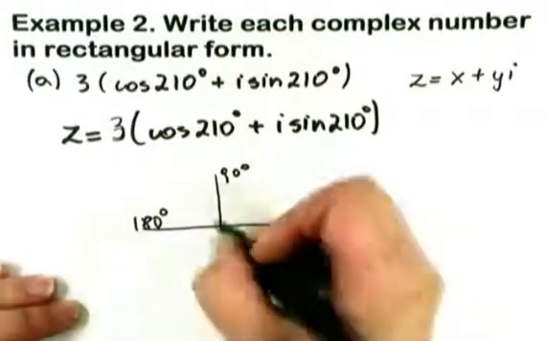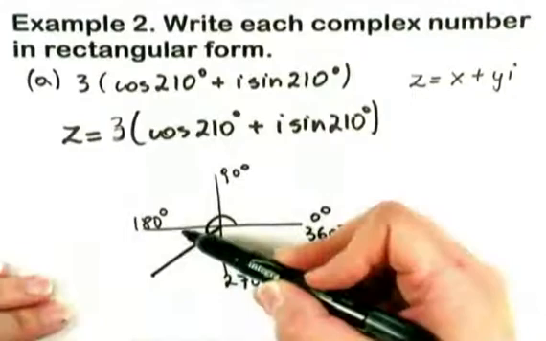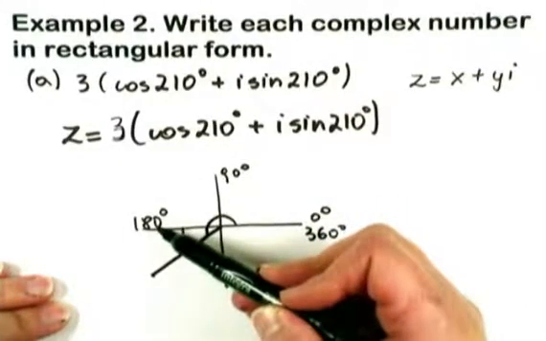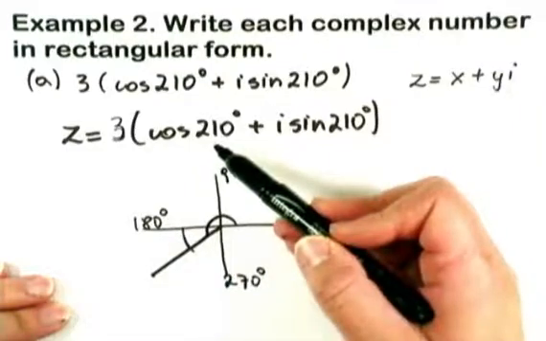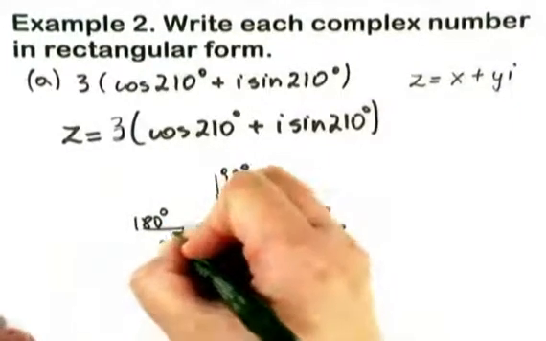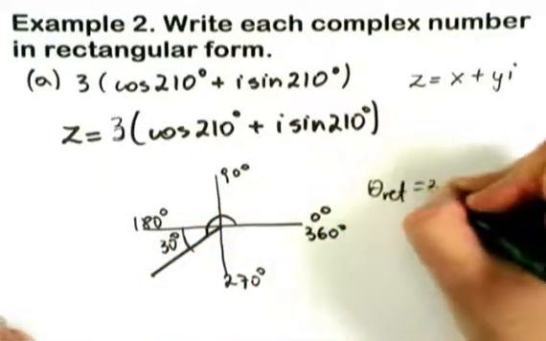So 210 is the angle up to here. What is my reference angle here? 180. How much more do I need to go to get to 210? Nothing else but 30 degrees. So my reference angle, theta reference, is 30 degrees.